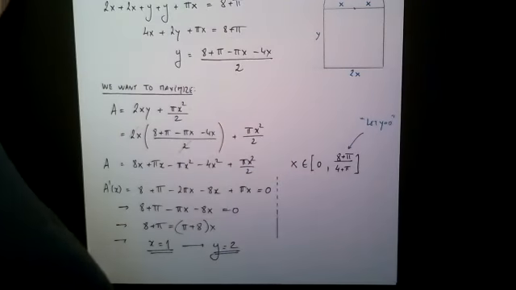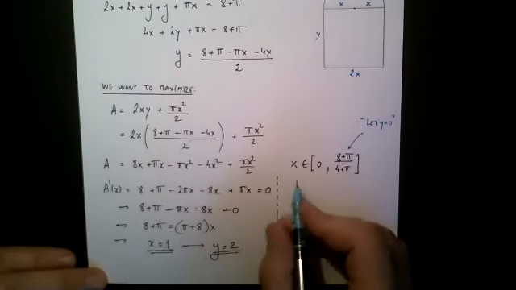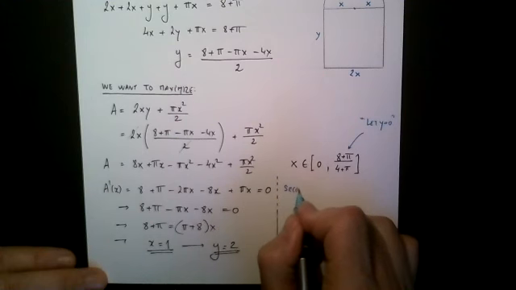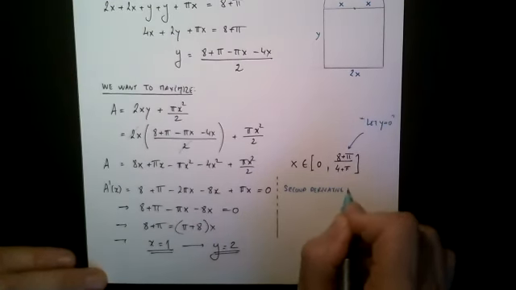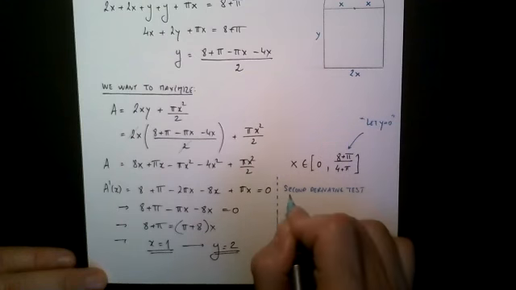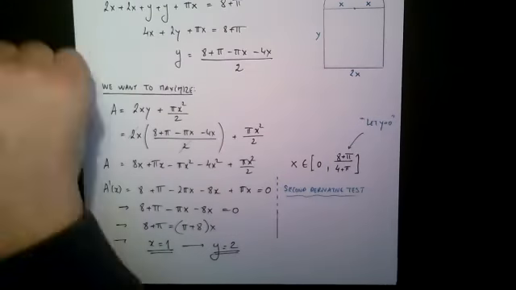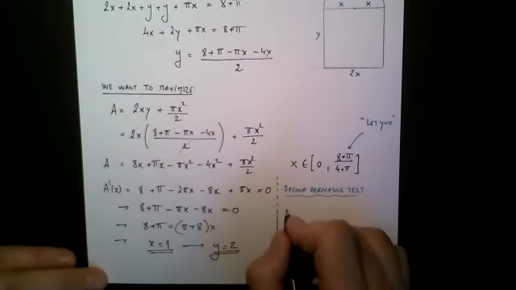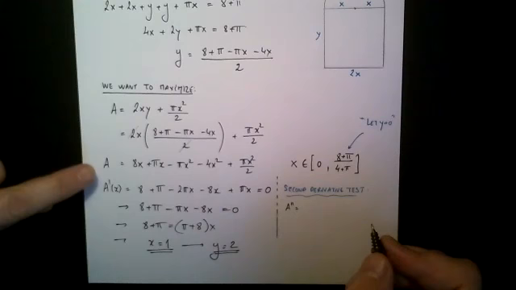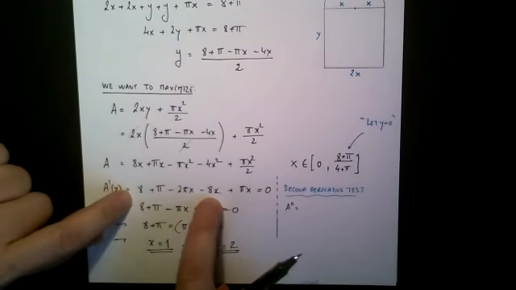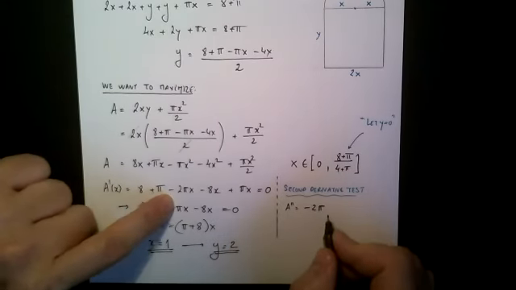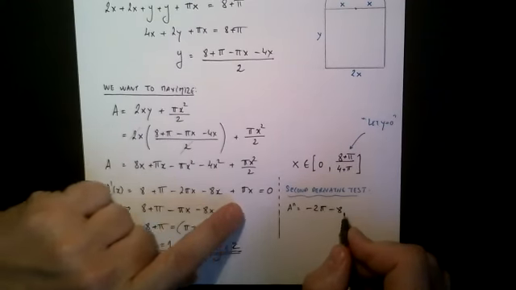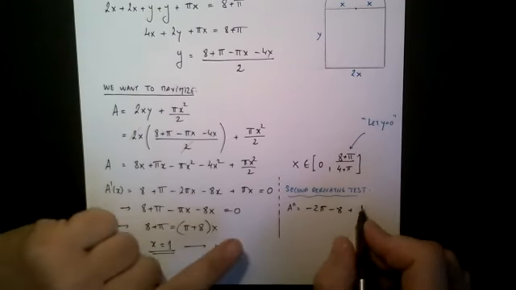So let's do the second derivative test. So A double prime is equal to, so the derivative of this is negative 2 pi minus 8 plus pi.